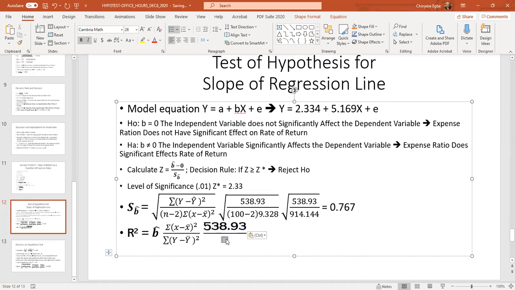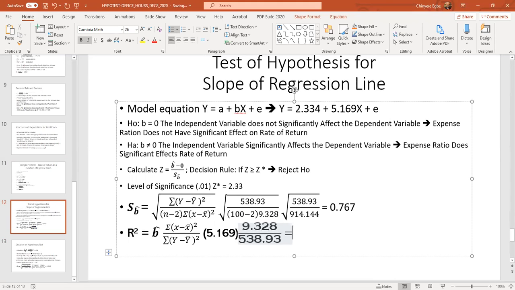No, this one here, and that is 9.328 times b hat, which is 5.169. Okay, and that gives us what?